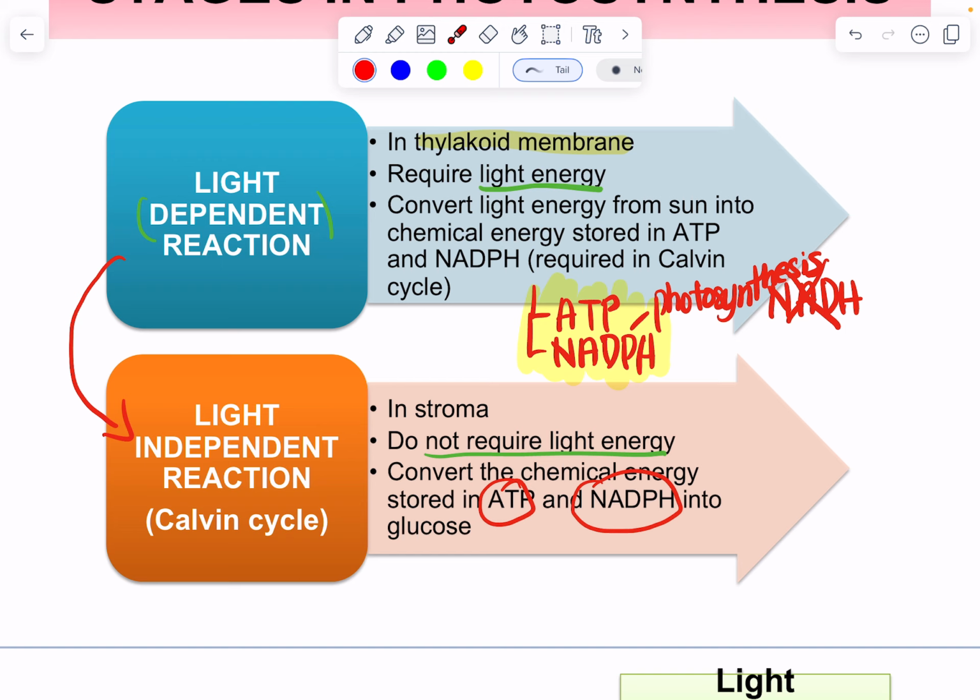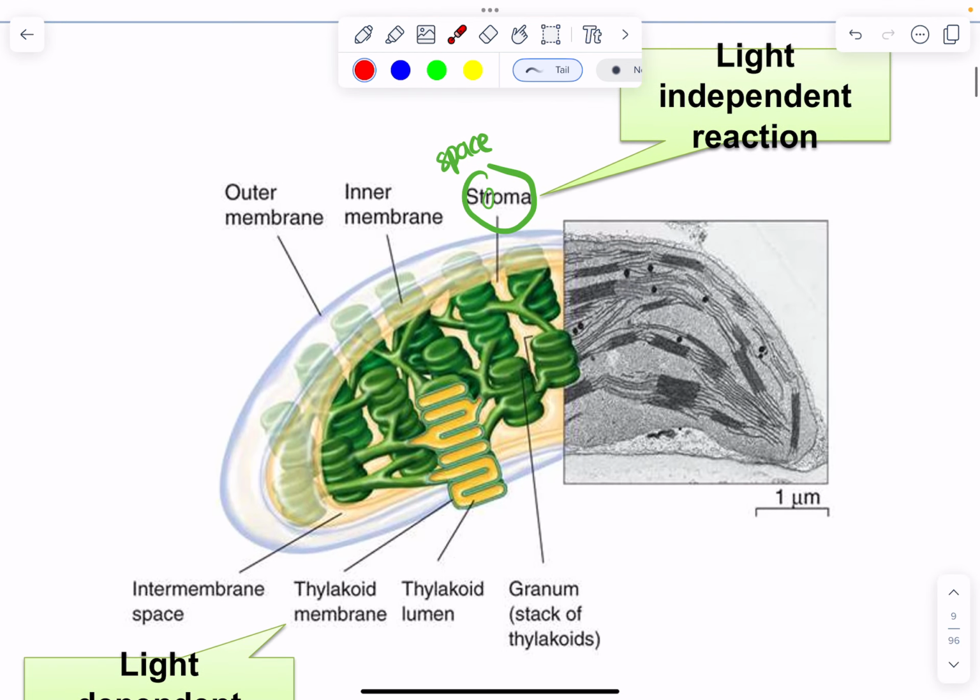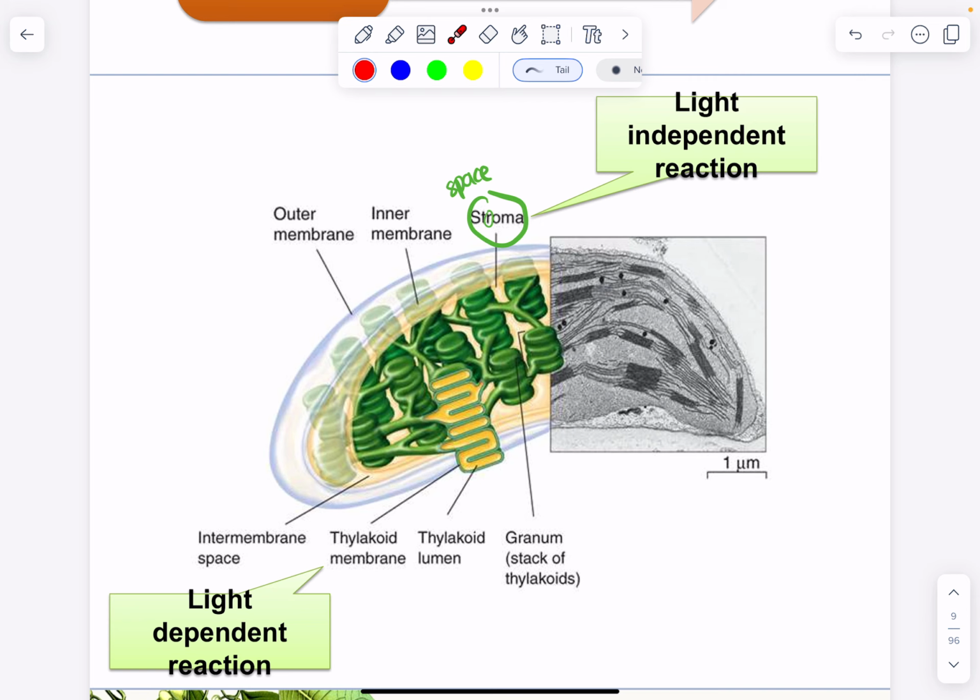So this is like the passport to go to another country. You want to go to Calvin cycle, you need to have ATP and NADPH. No light-dependent reaction means it stops there until we get light, so that this happens and then light-independent reaction can follow after. Alright, I'm just going to cover this again.